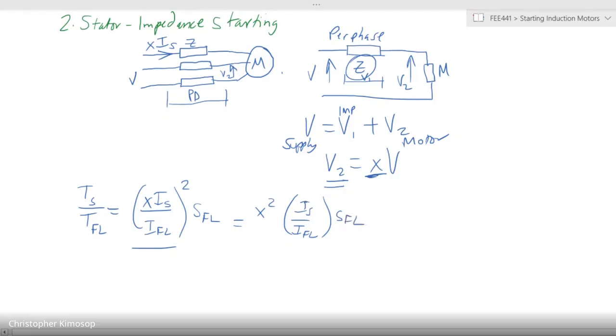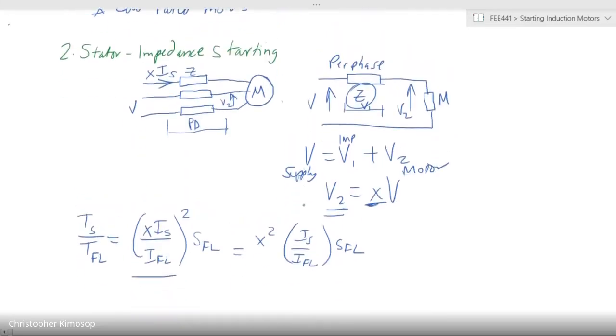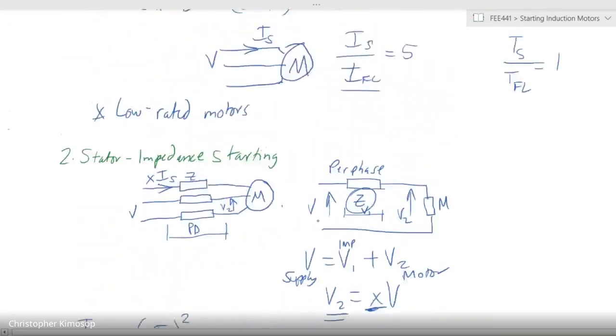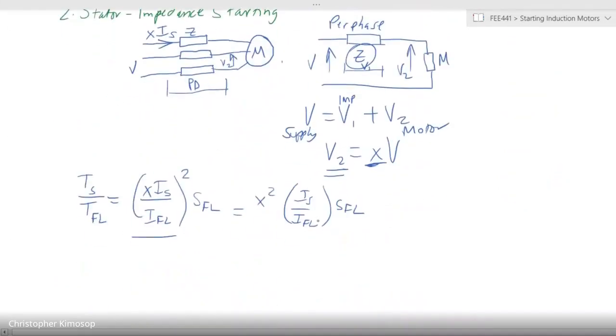Okay. Now remember, IS, if we assume it is the same motor, the IS purely from the motor itself over IFL was giving us a value of 1. So that means that the ratio between TS and TFL is reduced by a value X squared, okay? And this is a kind of a transformer ratio, okay?